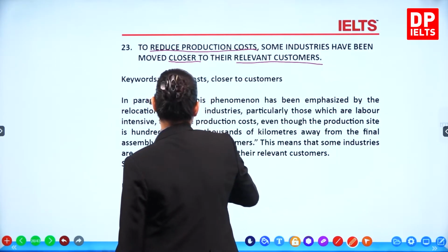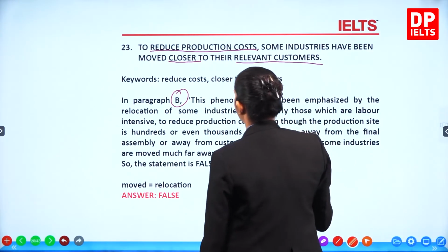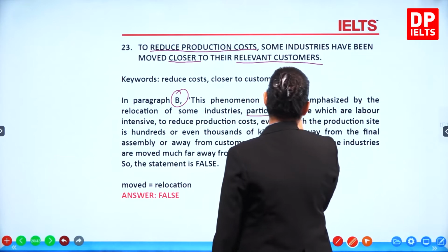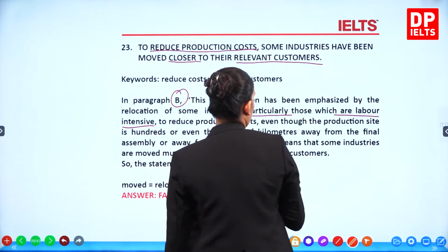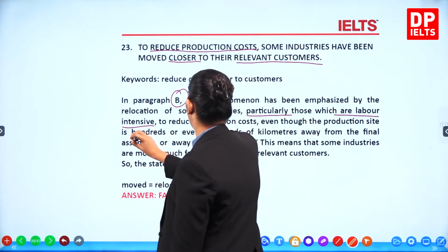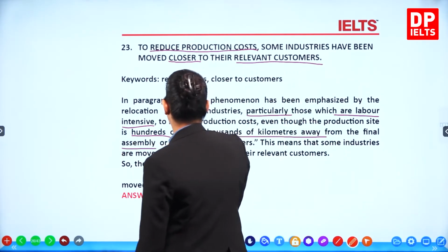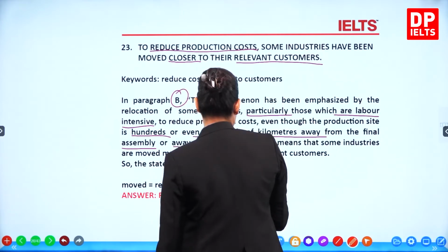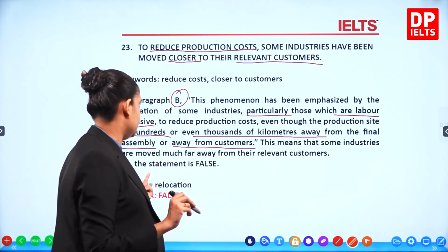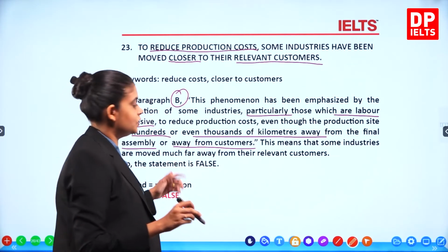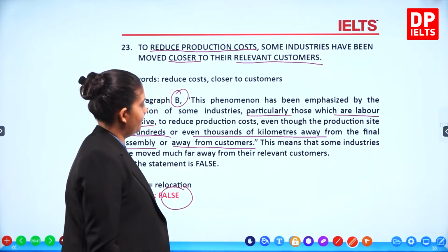Go to para B. This phenomenon has been emphasized by the relocation of some industries, particularly those which are labor intensive, to reduce production costs, even though the production site is hundreds or even thousands of kilometers away from the final assembly or customers. This means that some industries are moved much farther away from their relevant customers. They don't move closer. So definitely the answer is false. Right?